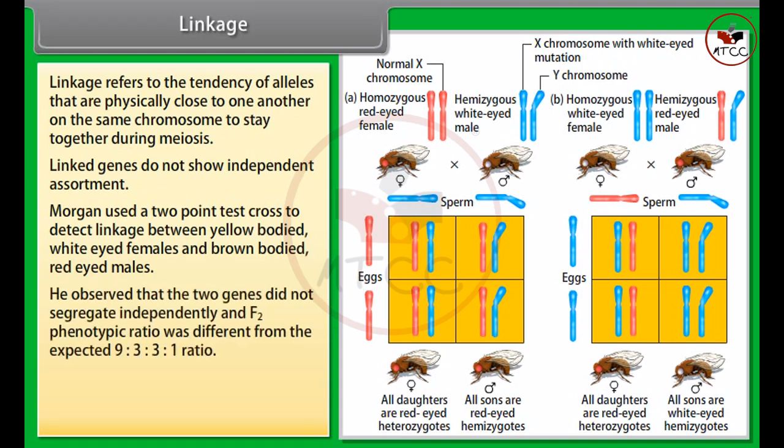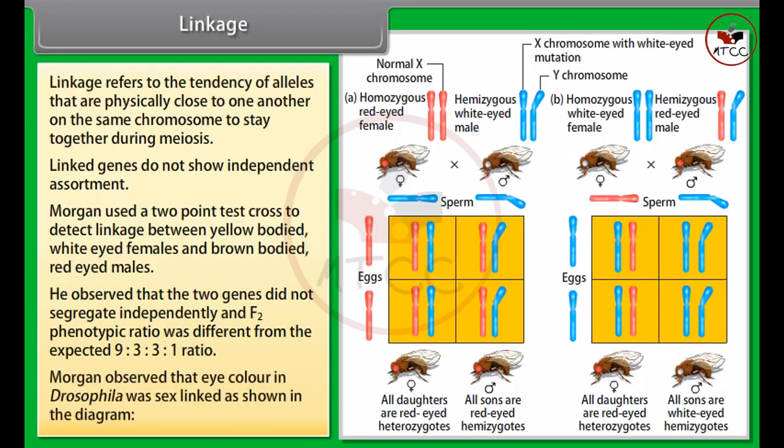He observed that the two genes did not segregate independently and the F2 phenotypic ratio was different from the expected 9:3:3:1 ratio. Morgan observed that eye color in Drosophila was sex-linked as shown in the diagram.